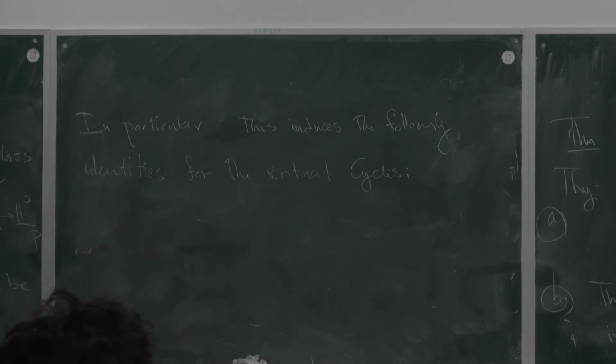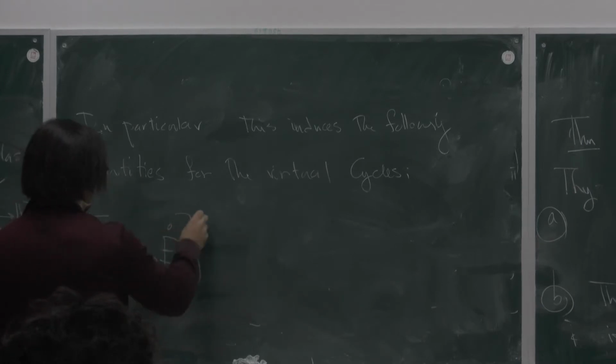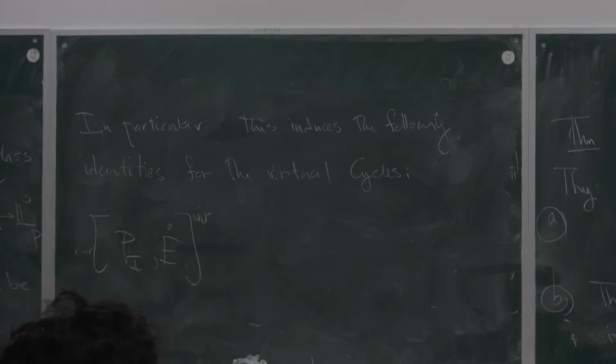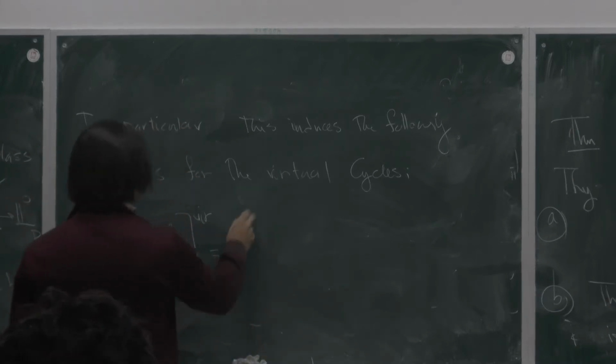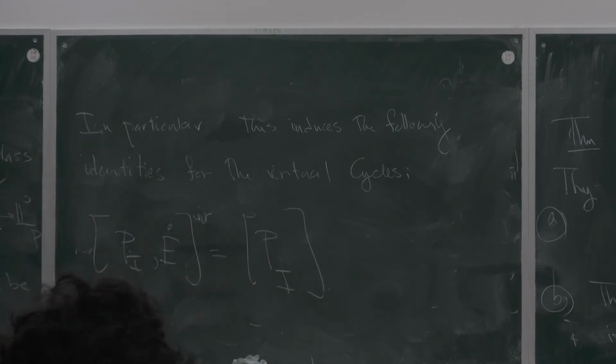Okay, so this is good. If I look at one of the type 1 components, and I construct a virtual cycle of that with respect to the Thomas virtual deformation obstruction theory, it will become the fundamental cycle of that component.